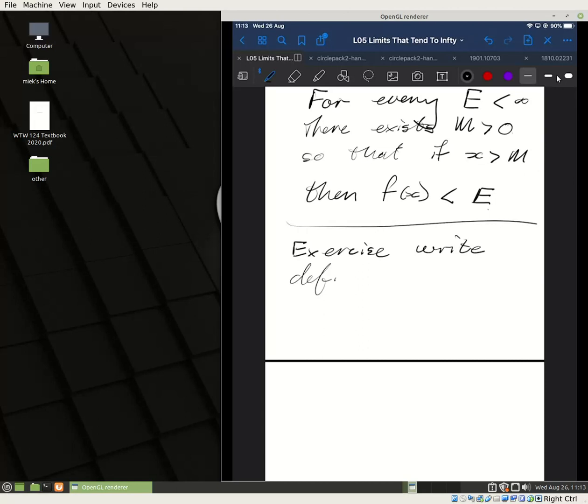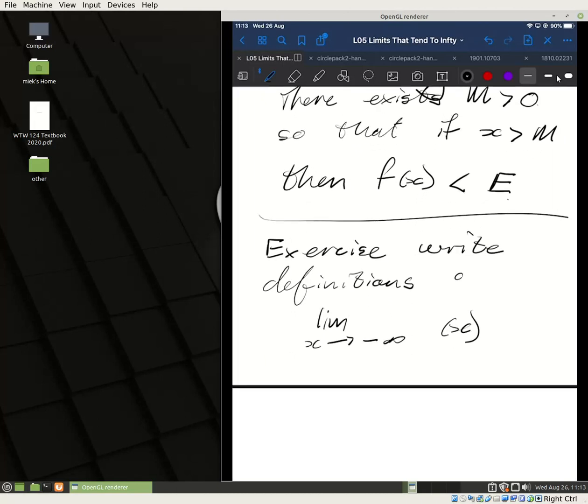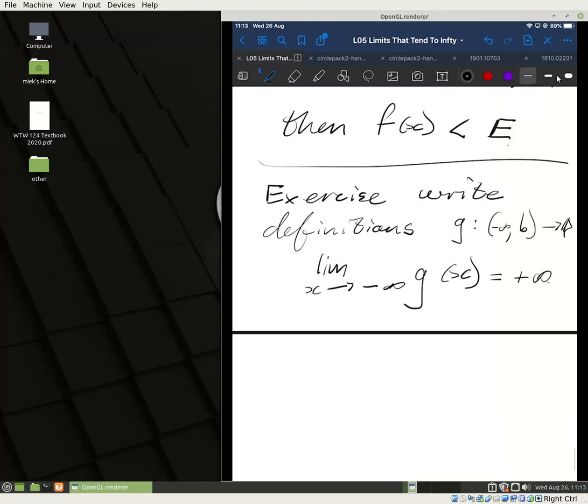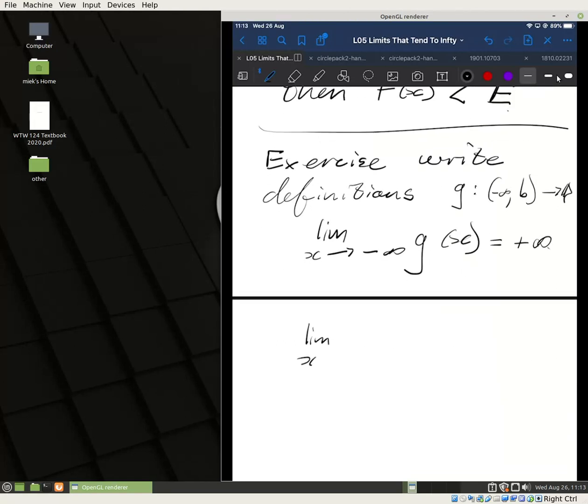Actually, f is not defined there, so let's define some function g on an open interval like so. Then the limit as x tends to minus infinity of g of x is equal to plus infinity, and the limit as x tends to minus infinity of g of x is equal to minus infinity.